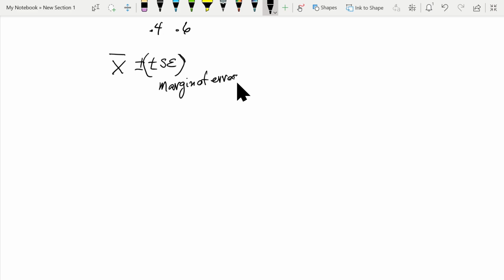The t-value is n minus 1 degrees of freedom, the sample size minus 1, with the probability that you need. For a proportion, it's plus and minus the z-value times the standard error. And this is still the margin of error.